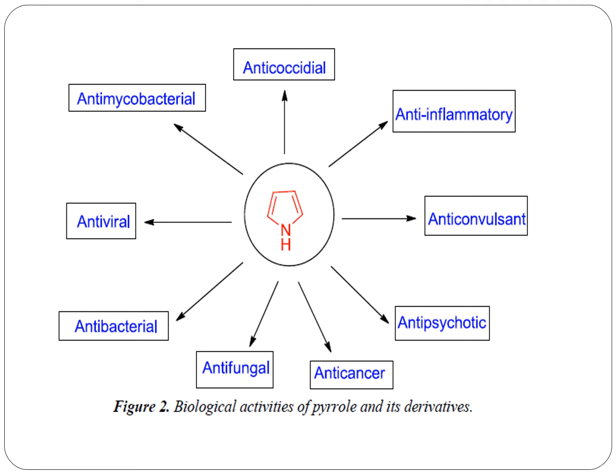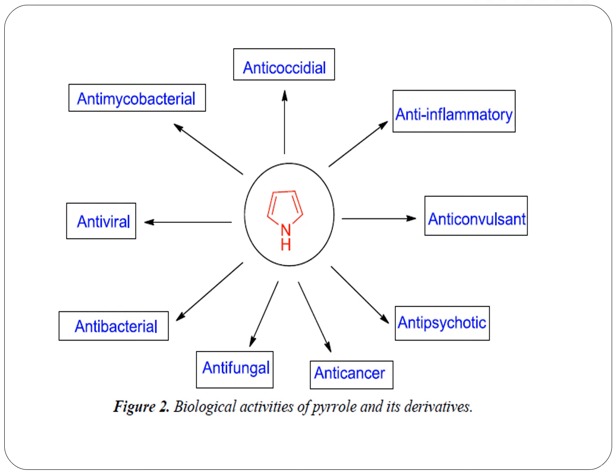So, medicinal uses of pyrrole: there are huge biological activities of pyrrole and its derivatives. For example, anticoccidial activity, which is used for the treatment and prevention of coccidial infection.